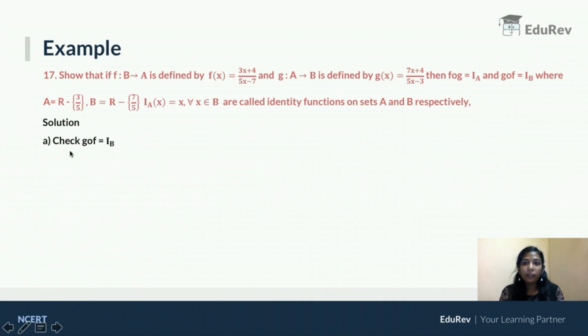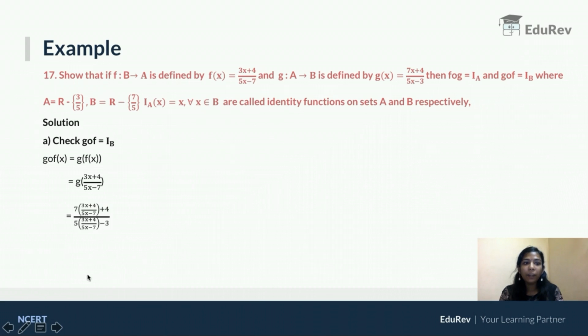Now, I am checking for g circle f is equal to ib. g circle f of x, how can I write? g of f of x. What is f of x value? I am replacing f of x with the value that I know. That is g of 3x plus 4 by 5x minus 7. But what is g? 7x plus 4 by 5x minus 3. So, g of 3x plus 4 by 5x minus 7 means wherever x is there, you have to replace x with this value.